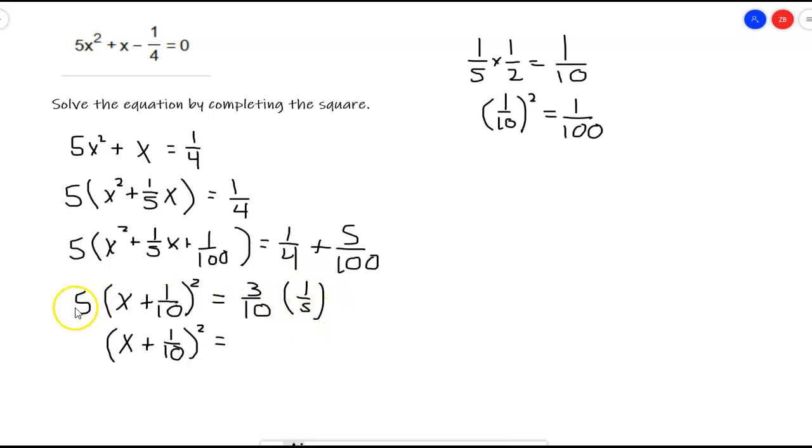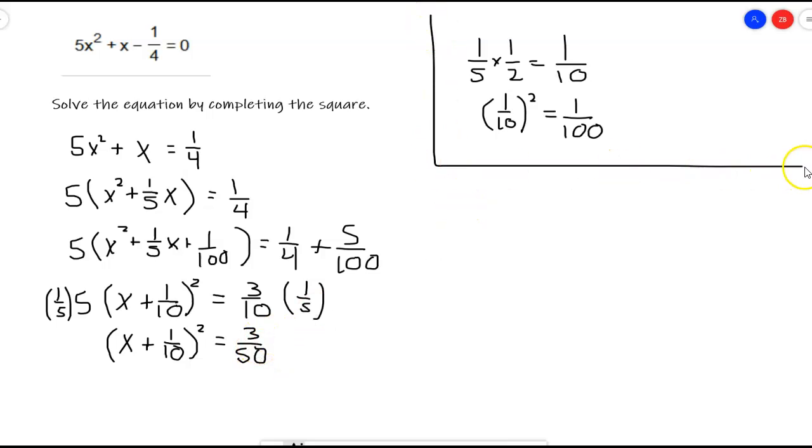I'll kind of do that to both sides just to show you there. That's just 1 there, and then this is 3 over 50. So this is 3 over 50. All right, and let me kind of cross this out. We'll do one more line over here.